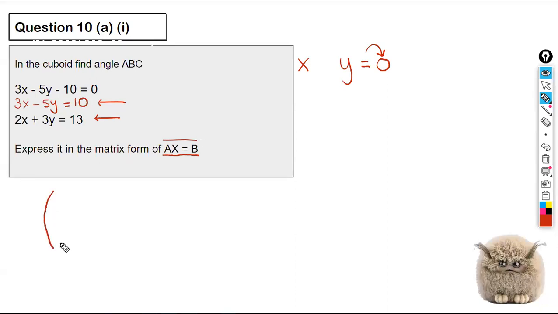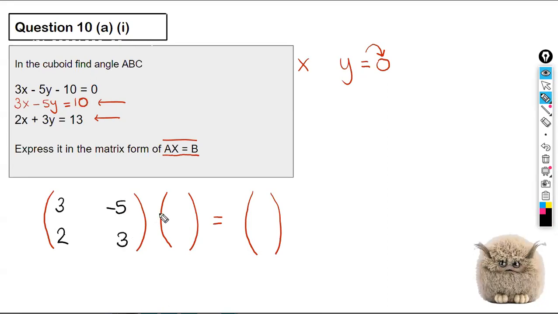That is all they want you to do. So to express it in the form AX equals B, you'll have one big pair of brackets, a small one, an equal sign, and another small one. And all you have to do is extract the numbers and put them in the brackets. Don't forget the signs. If a value is negative, you have to make sure to put the negative. So 3, 2, minus 5, 3.